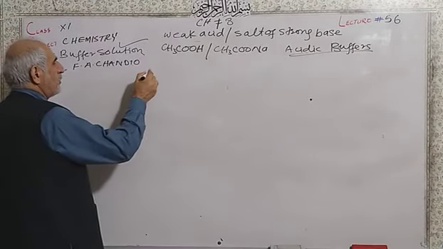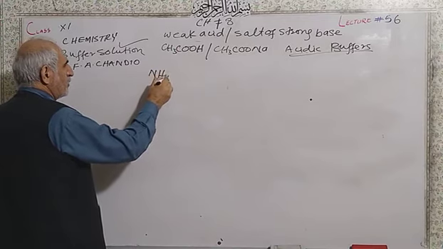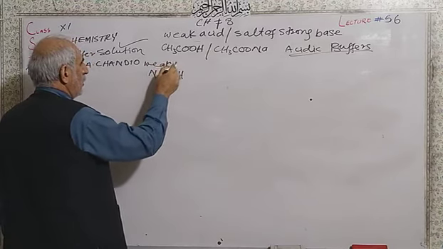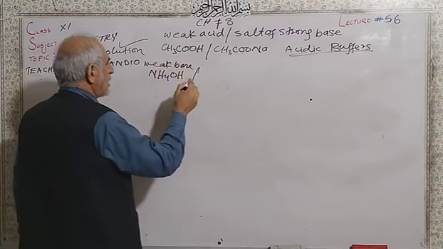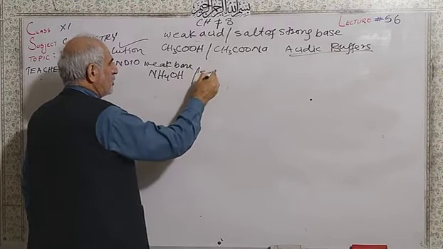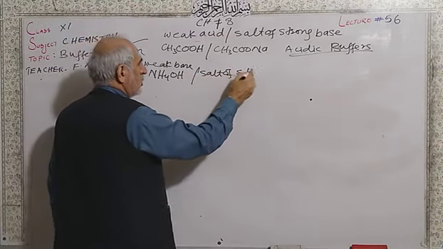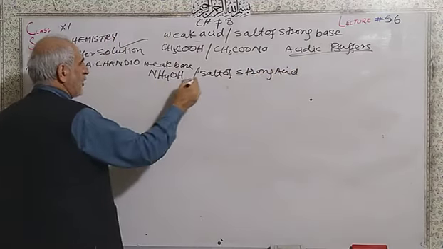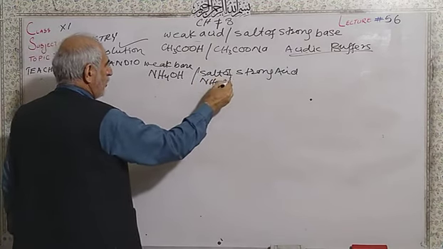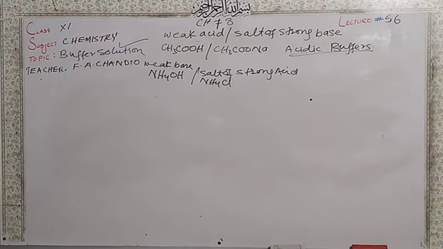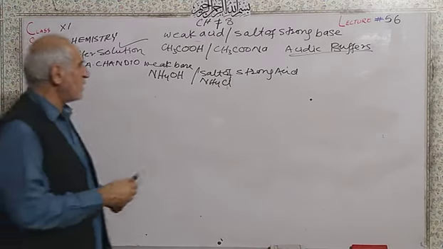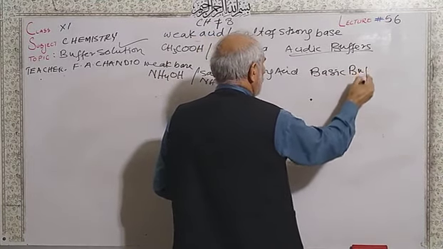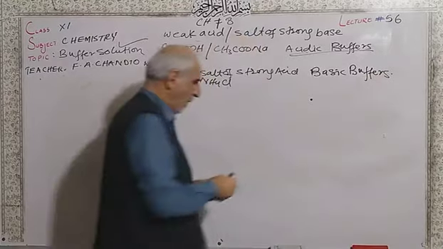But when you use a weak base and a salt of a strong acid, for example ammonium hydroxide and ammonium chloride, there is also a common ion, ammonium, these are called basic buffers.